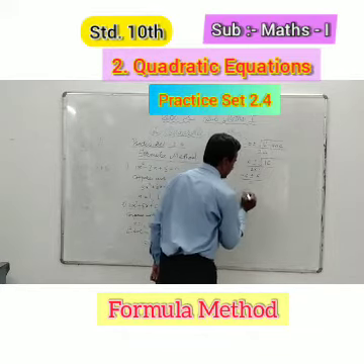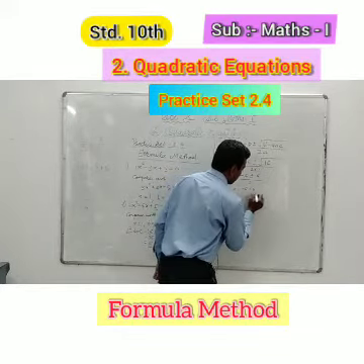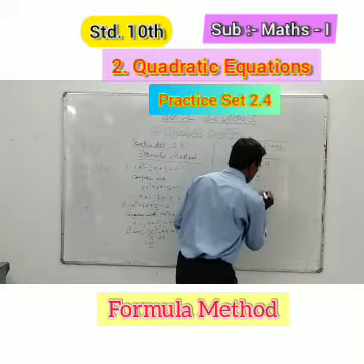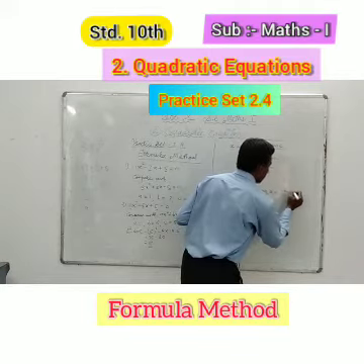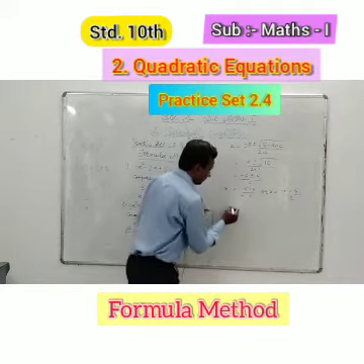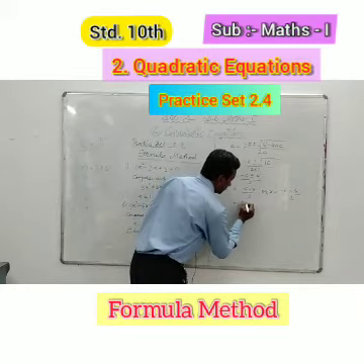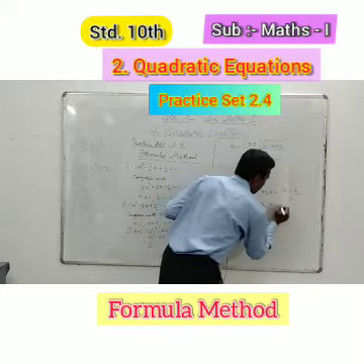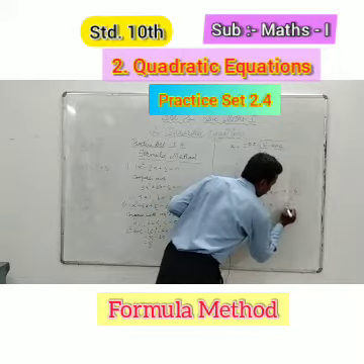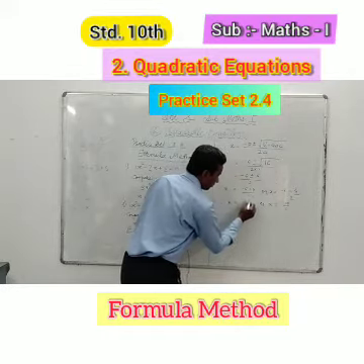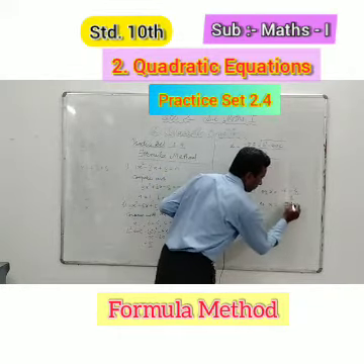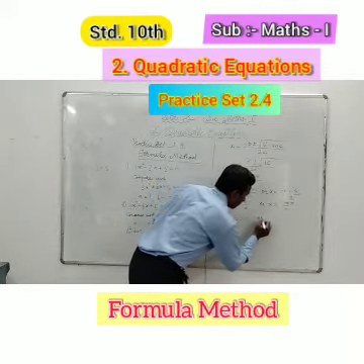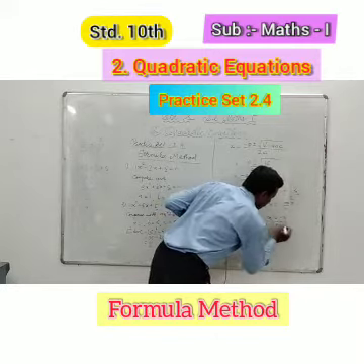So x is equal to minus 6 plus 4 upon 2, or x is equal to minus 6 minus 4 upon 2. Minus 6 plus 4 is minus 2 upon 2, or x is equal to minus 6 minus 4 is minus 10 upon 2. 2 ones are 2, and 2 fives are 10. Therefore, x is equal to minus 1 or x is equal to minus 5.